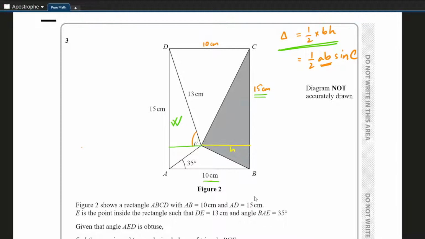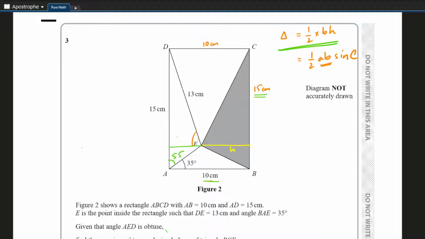So let's get started. First, since this is a rectangle, this is 90 degrees. 90 minus 35, this is 55. Now we can use the sine rule to find angle E. Why do we need E?